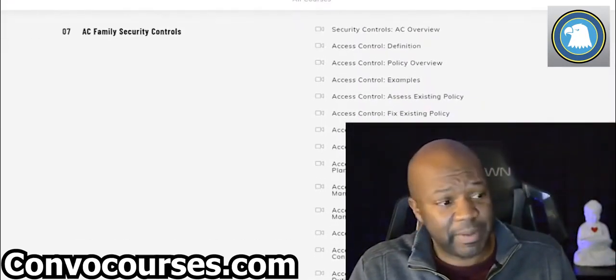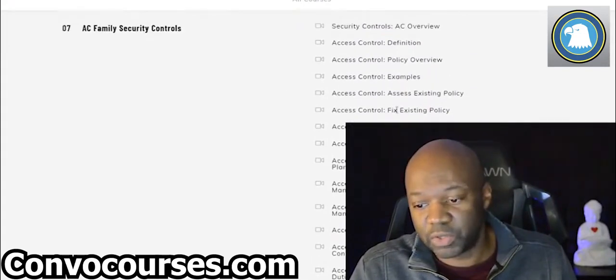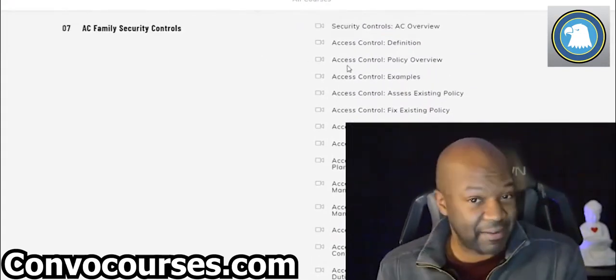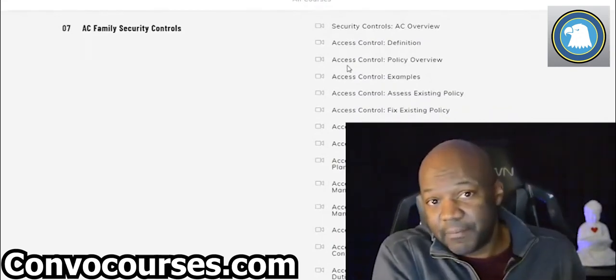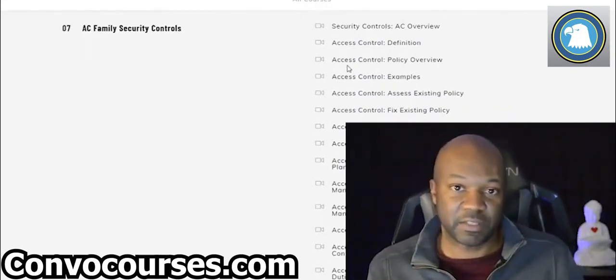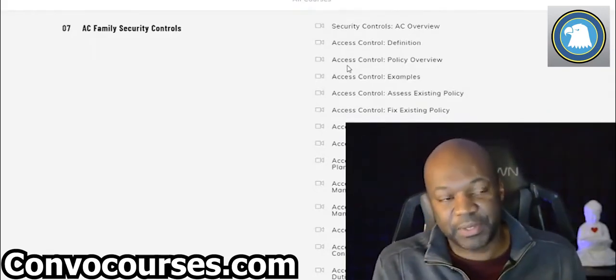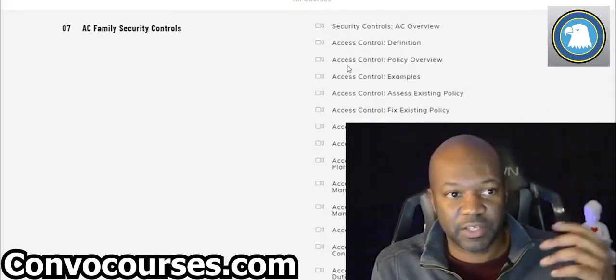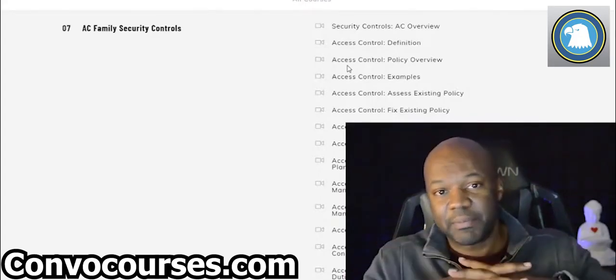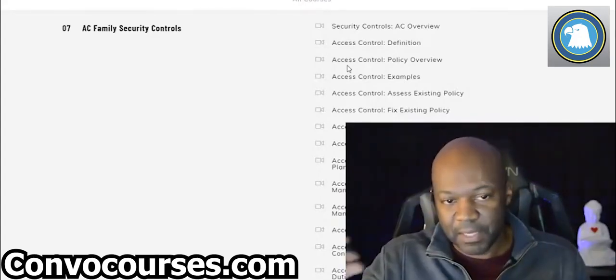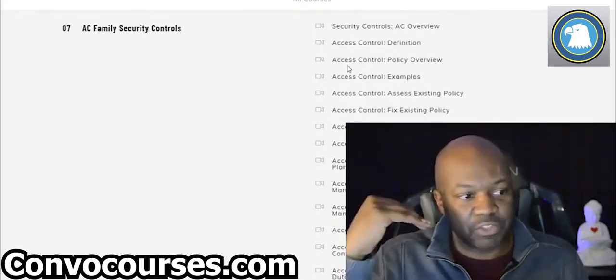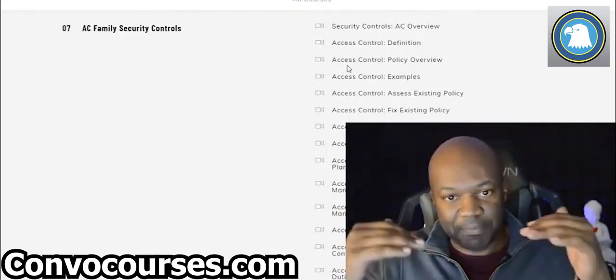When you go through the AC family of controls, it doesn't exclude privacy. Privacy is very much a part of each one of the families of controls. When you read through NIST 800-53 and 800-37, they've integrated privacy right up top. Privacy is right up there with security.